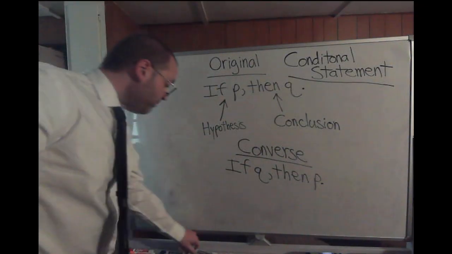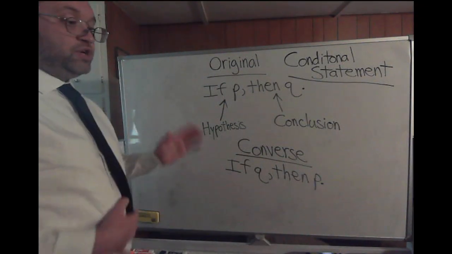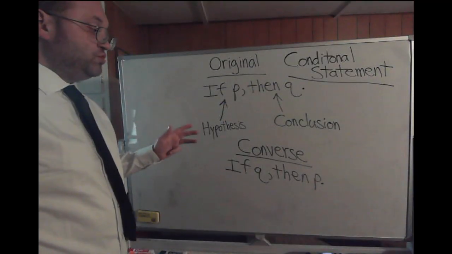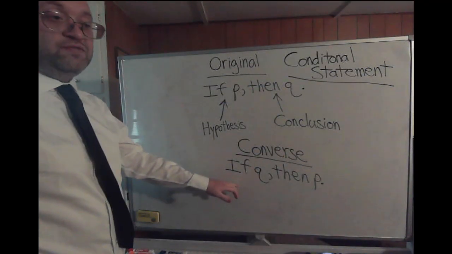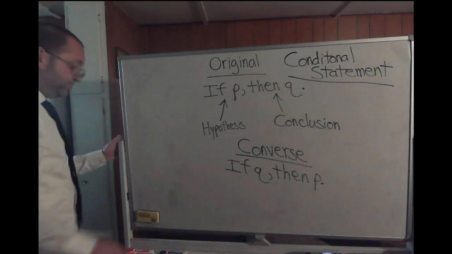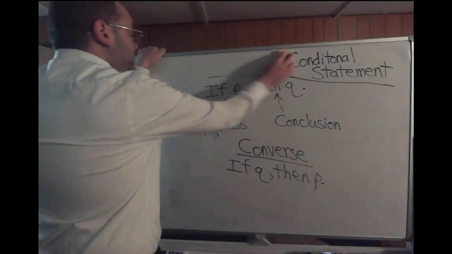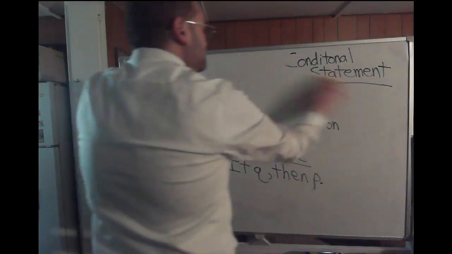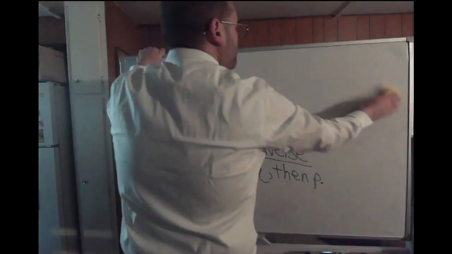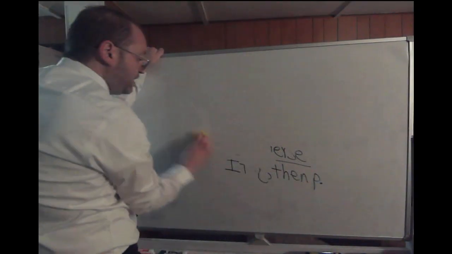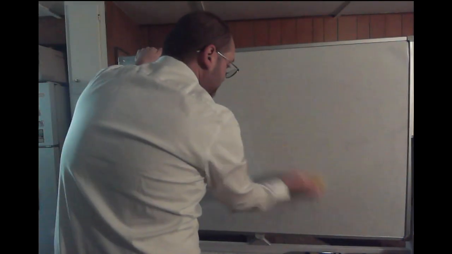So basically we're going to have an original statement, determine if it's true, then see if the converse of the statement is true. And then we'll talk about biconditionals in a few minutes. So let's get started with some examples here.